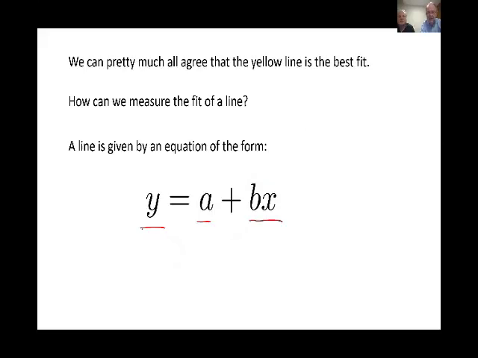So a is called the intercept, and b is called the slope of the line. The line consists of all points of the form (x, y), where x and y have this relationship.